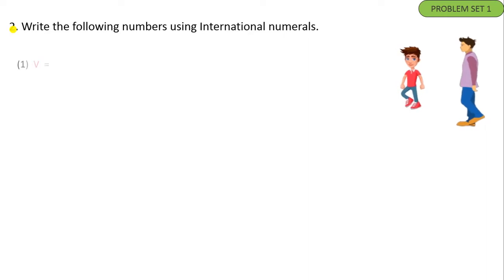First one is V, and for this symbol the number is 5. For the second one, VII, here I comes 2 times on the right side of V, that is we have to add 2 to 5, therefore the number is 7. Then the next one is X, and we know that X is for 10.